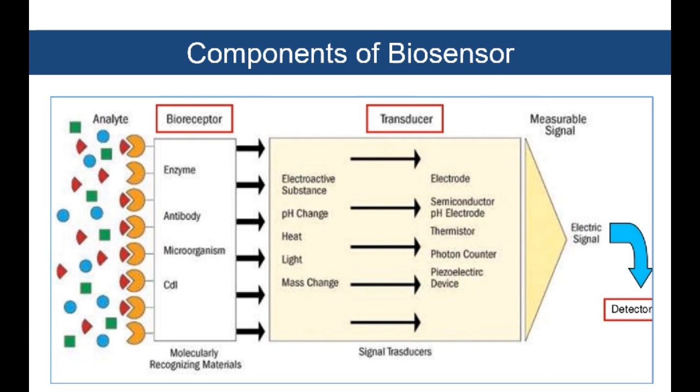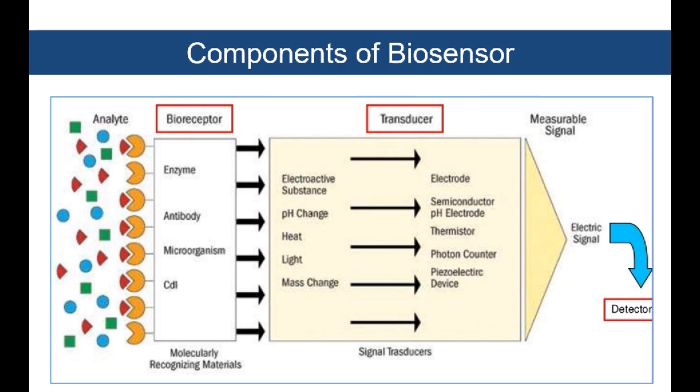After these changes occur, they are identified by the respective transducers, and the change is transferred and converted to signals with the help of the respective transducer like electrode, semiconductor pH electrode, thermistor, photon counter, piezoelectric device, and the signal is converted into a measurable signal.